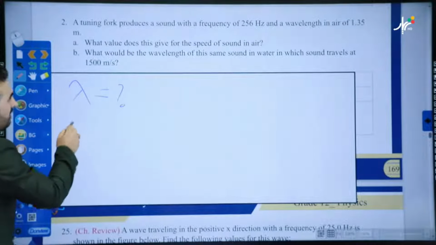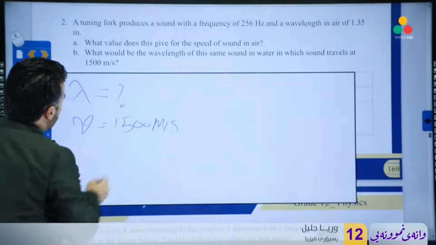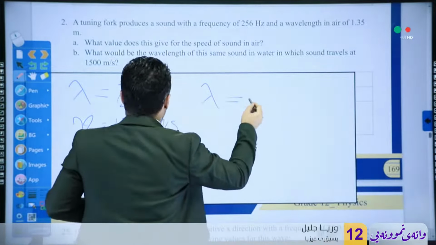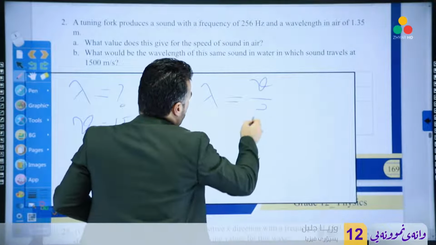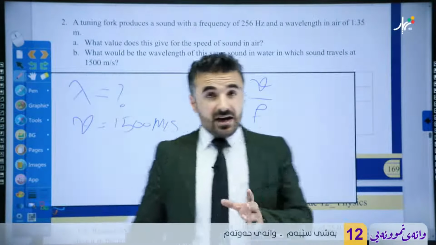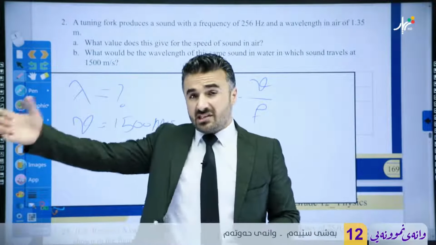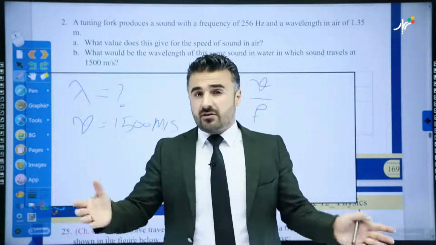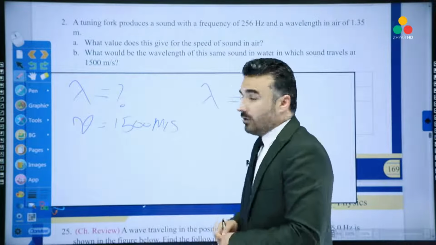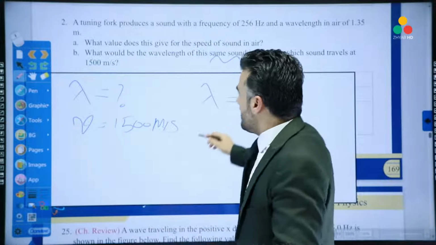What is the wavelength? The speed of sound is given, which is 1,500 meters per second, correct? But in order to find the wavelength, what do I need? I need both speed and frequency, but do I have the frequency here? The answer is no, but hey, don't forget, we said frequency never changes, okay? It doesn't matter if it is in the air or water or in any other mediums, the frequency will always remain the same, since it is the same sound. That means it has the same frequency.